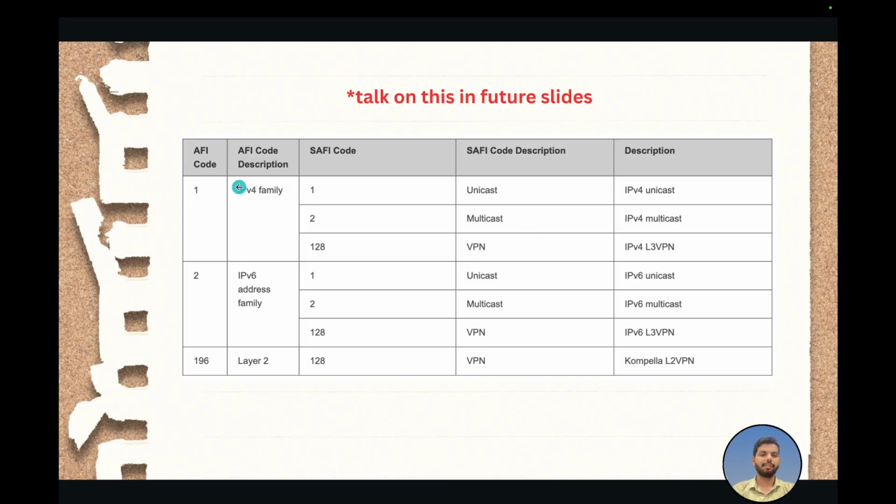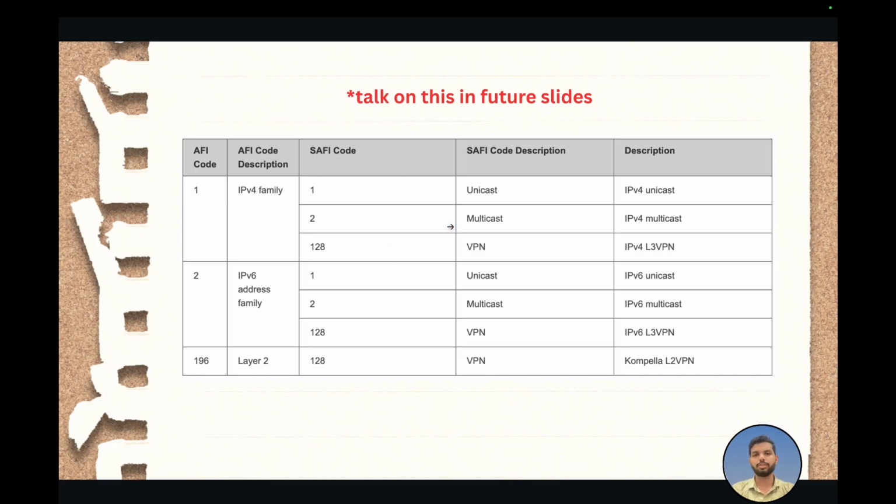AFI 1 and SAFI 2 means IPv4 multicast. Then AFI 1 and SAFI 128 means VPN, so L3 VPN basically, IPv4 VPN. That's how the translation of addresses is sent in the BGP update message, happening in the background. That's a very important part of BGP.